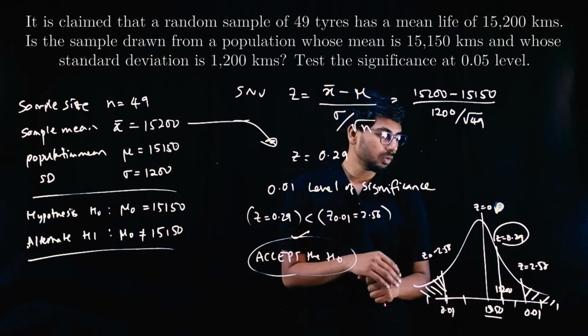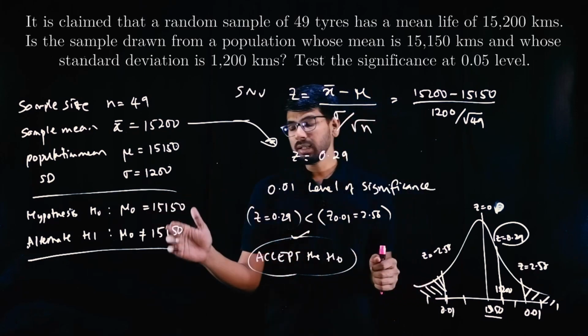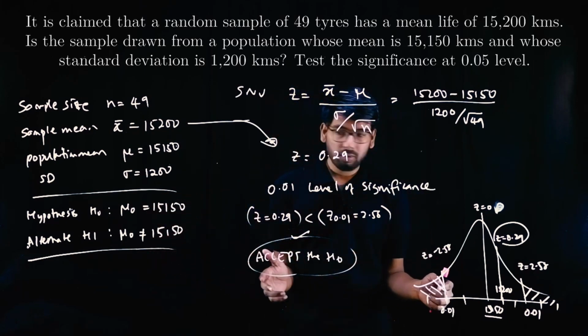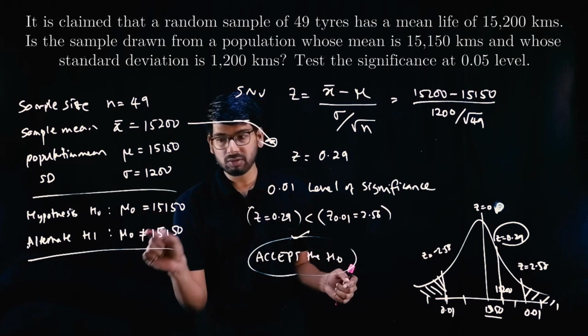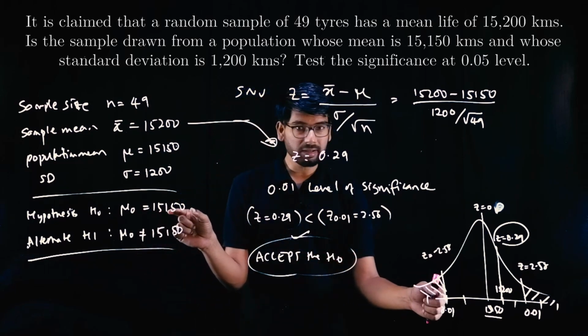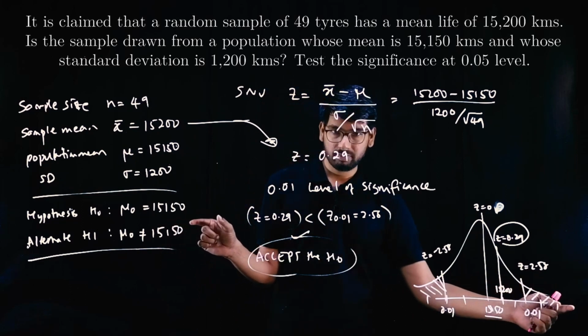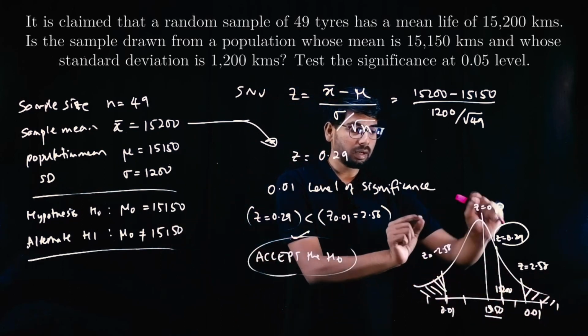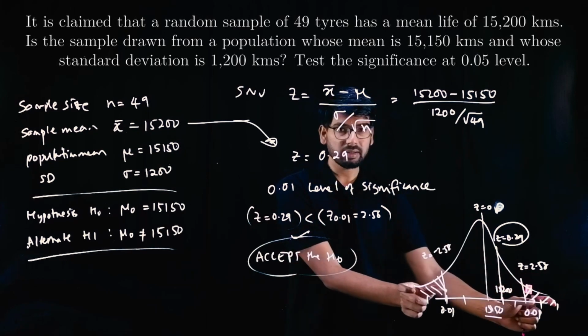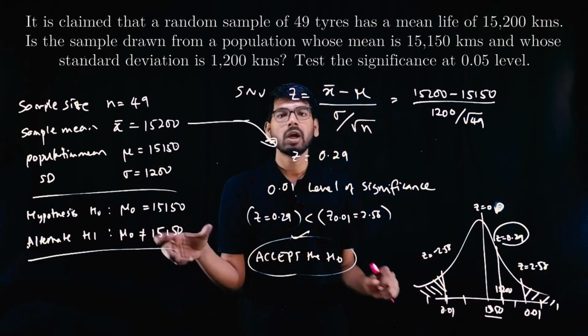So, two-tailed and one-tailed tests. If the alternate is that the population mean is not equal to this number, it can be lower or it can be greater, so there are two tails of this bell curve, and we are considering both tails. That is a two-tailed test.